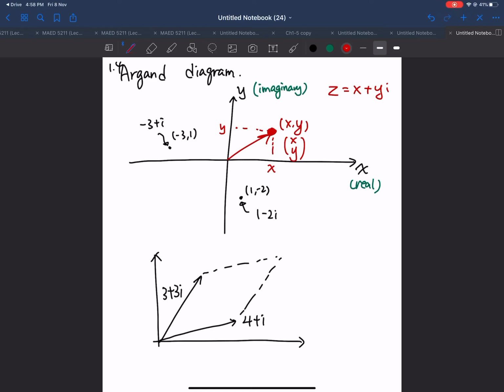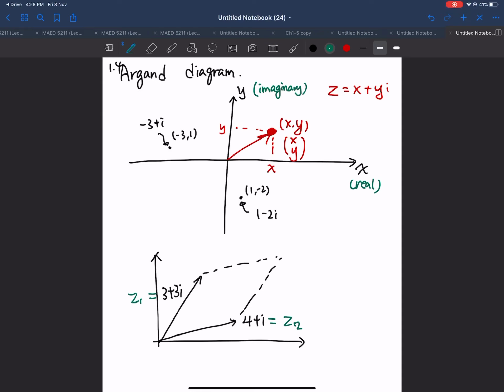So represent this one in terms of C1 and this C2. Why do we sometimes represent a complex number in terms of vector? Because the addition and the subtraction of complex numbers can be considered as addition or subtraction of vectors. Do you remember how to do the addition of vectors?